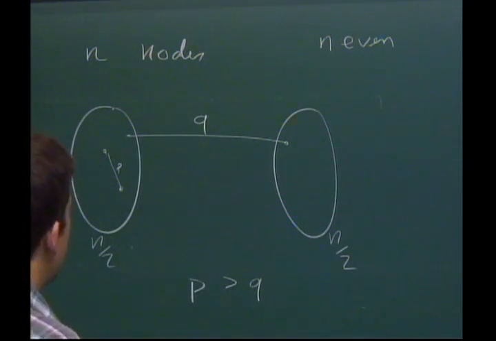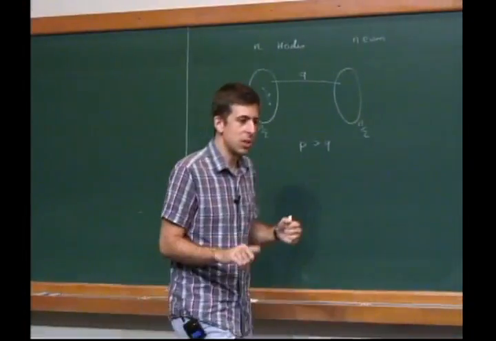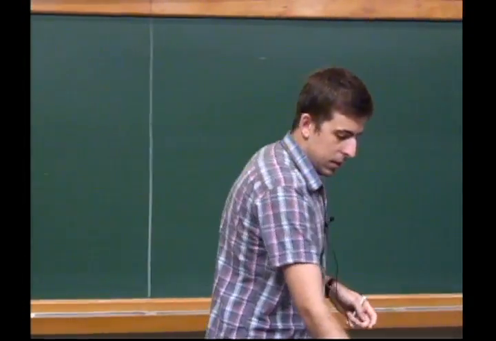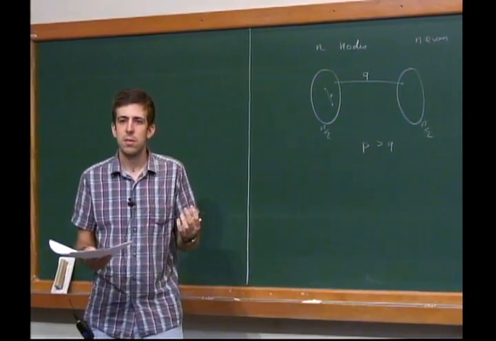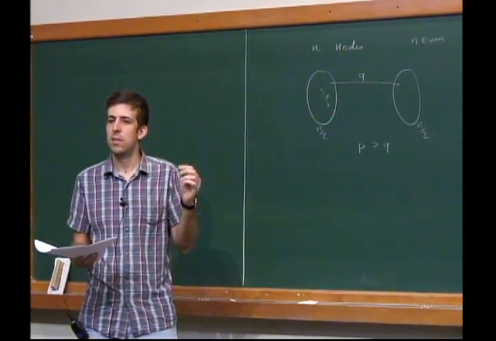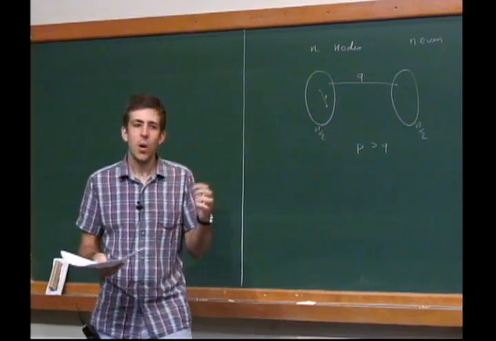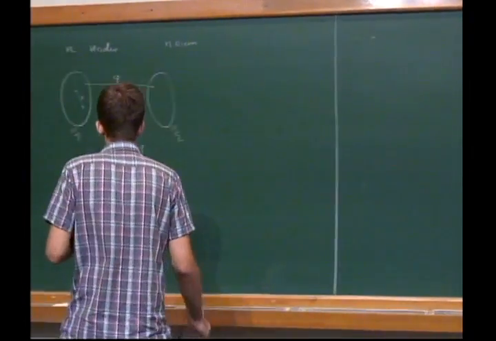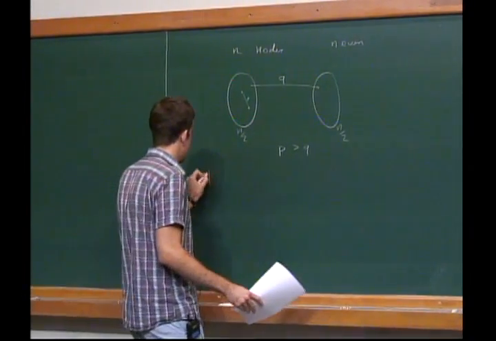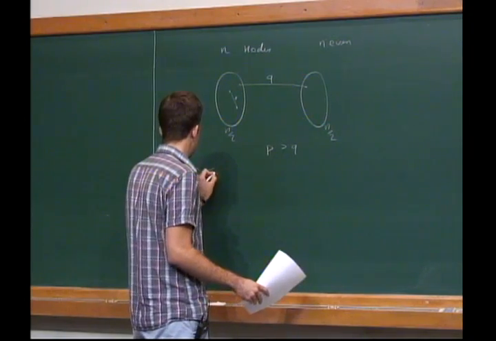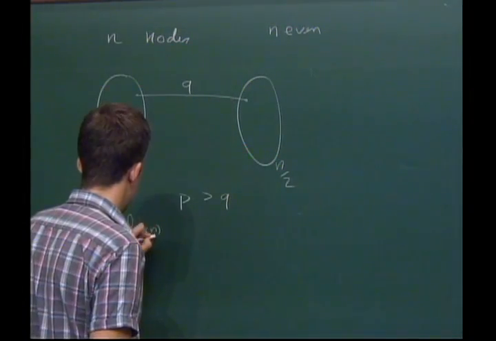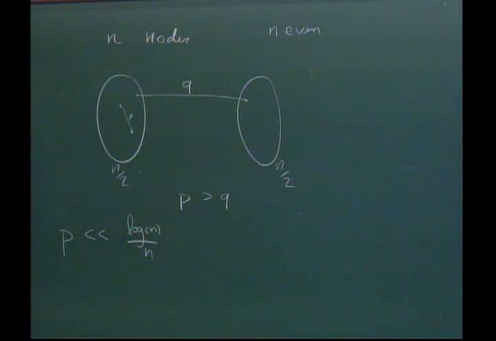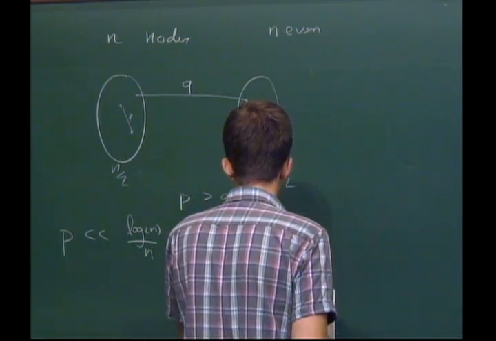Okay, so first of all, let's see for which values of p and q we can hope to achieve this. I don't know if you're familiar with connectivity in the Erdős-Rényi graph. Is everyone familiar with this? Yes. Okay, so first of all, if p is much smaller than, say, log n over n, then I claim that recovery is impossible.